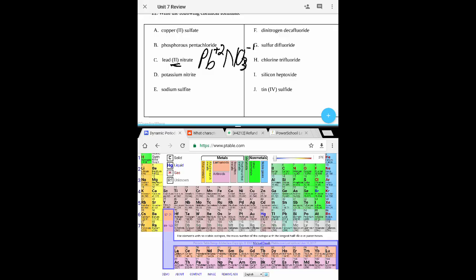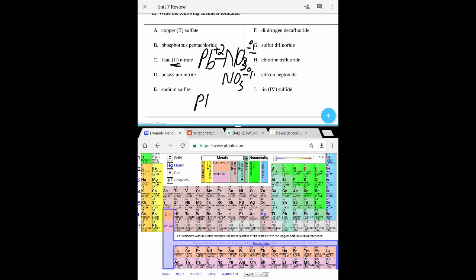Since lead is plus 2 and NO3 is minus 1, our charges are unbalanced. So we're going to have to add another NO3 minus 1 to the mix. Now we have a minus 1, minus 2 charge, and we have a plus 2 charge. So now we're balanced.